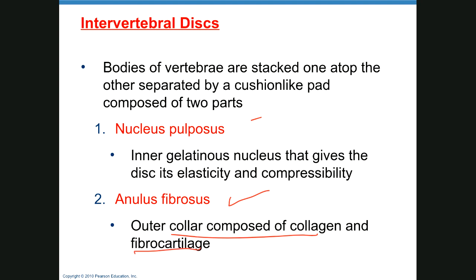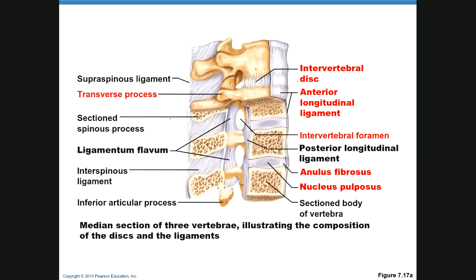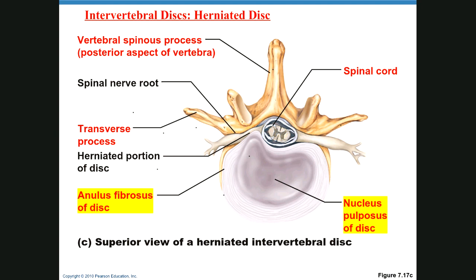Inside the annulus fibrosus is a gelatinous layer, the nucleus pulposus, which is going to absorb shock and give elasticity to the intervertebral discs. So here is the nucleus pulposus and the annulus fibrosus. Give you another picture of it. Again, this is the nucleus pulposus, and what's surrounding it is the annulus fibrosus. So you should know the two features of the intervertebral discs.